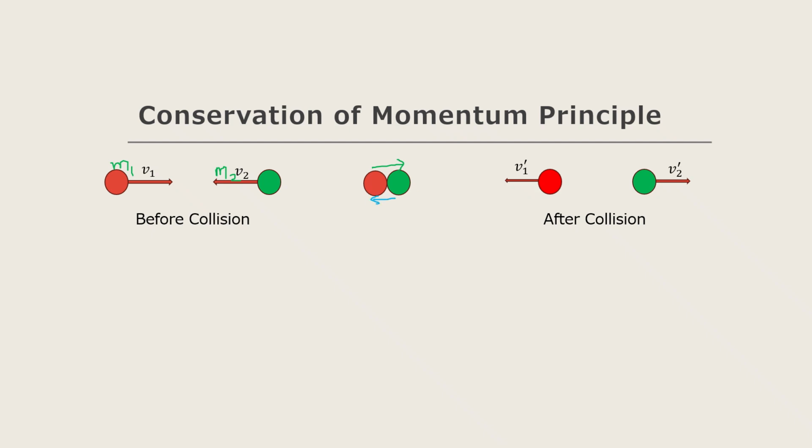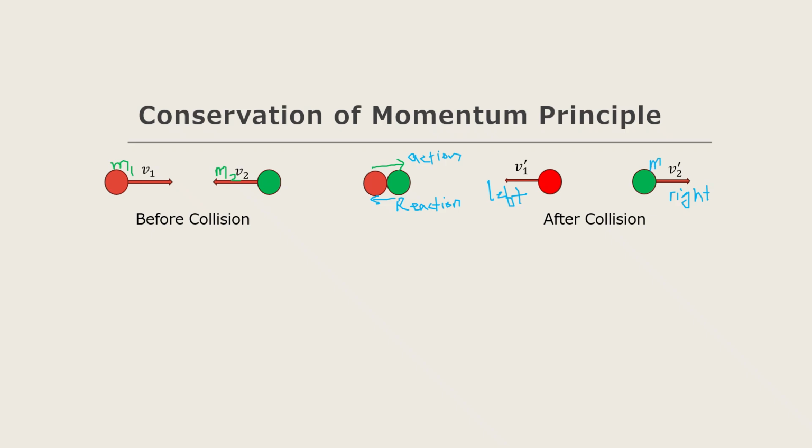So due to action and reaction, these two balls apply a force on each other, and after the collision, they will move in opposite directions. The red ball is now moving toward the left with velocity v1 prime, and the green ball is moving toward the right with velocity v2 prime.